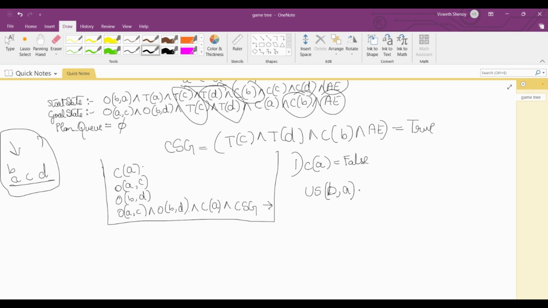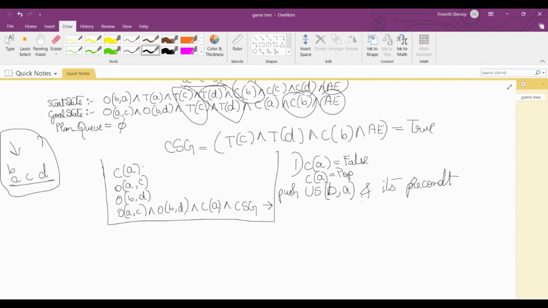Now our goal stack will change. If this is false, you will pop C of A, and you will push the unstack operation and its preconditions.